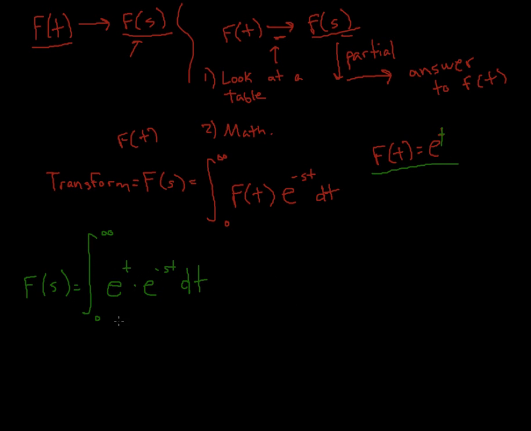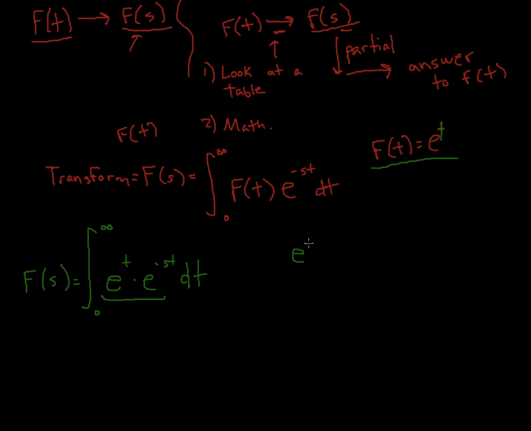Because this part of the formula is annoying, just for this specific example, or anything with an e, I'm going to combine these two using exponential rules, because integrating by parts would just be annoying. If we combine e to the t times e to the negative st, we can just add the exponents, so we get e to the t minus st, and if we pull out a t, that's e to the t times 1 minus s.